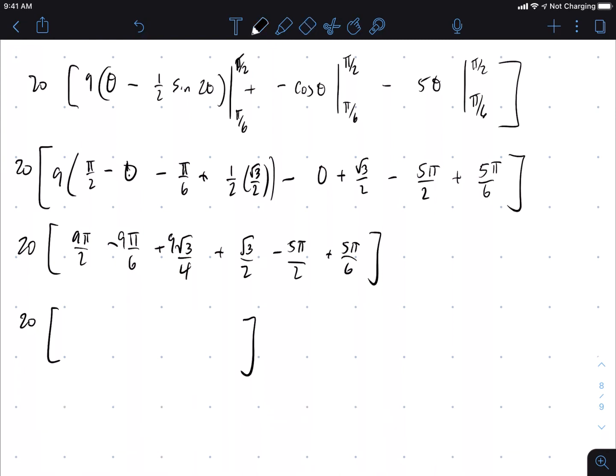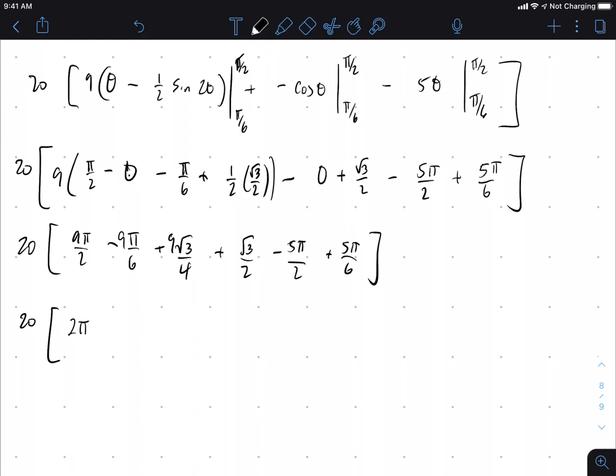Oh, it's always being so meticulous. Okay, so let's see if we can clean this up. 9 pi minus 5 pi is going to be 4 pi over 2. So that's still 2 pi.